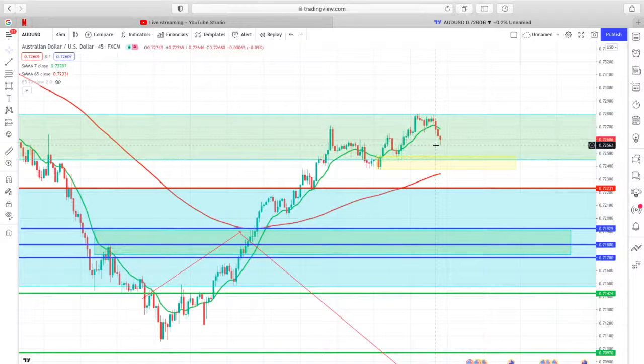Let's go for, if we were to go long, so actually let's write that area down. So let's write these prices down.